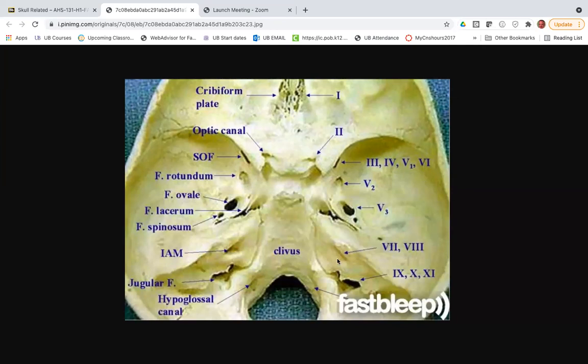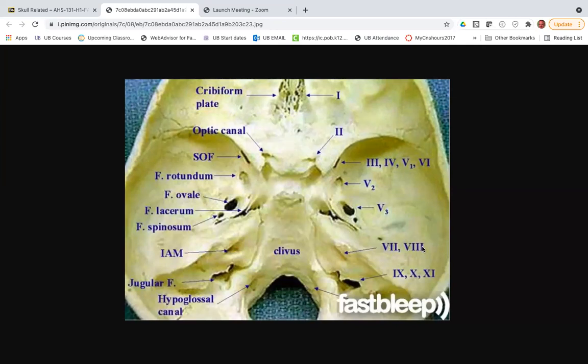Cranial nerve 7 is the facial nerve. Cranial nerve 8 is the vestibulocochlear nerve. Remember, here's the petrous portion of the temporal bone, and underneath it is the sensory part of the ear.